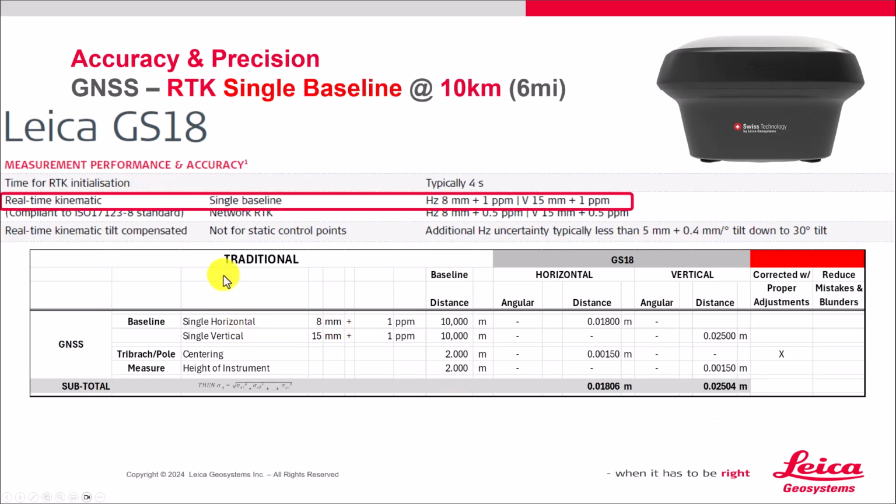Now let's take a look at real-time kinematic single baseline. Again, 8 millimeters plus 1 for the horizontal and 15 plus 1 for the vertical. If you plug those in down here, again, very similar, except now we're using 10 kilometers, because you're not really probably going to go past 6 miles with a traditional base and rover, right?